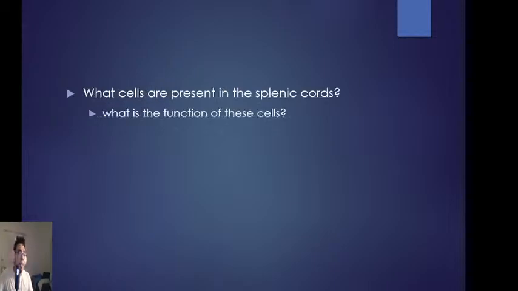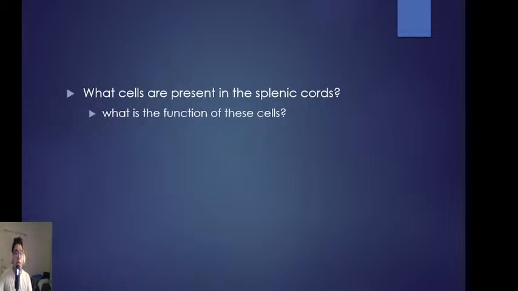The cells present in the splenic cords are, of course, macrophages and dendritic cells. Based on the line of questioning that I'm doing, you already know where I'm going here. The function of these cells obviously is to filter the blood. Whenever there are macrophages or dendritic cells, you're going to expect something to be filtered or cleansed.